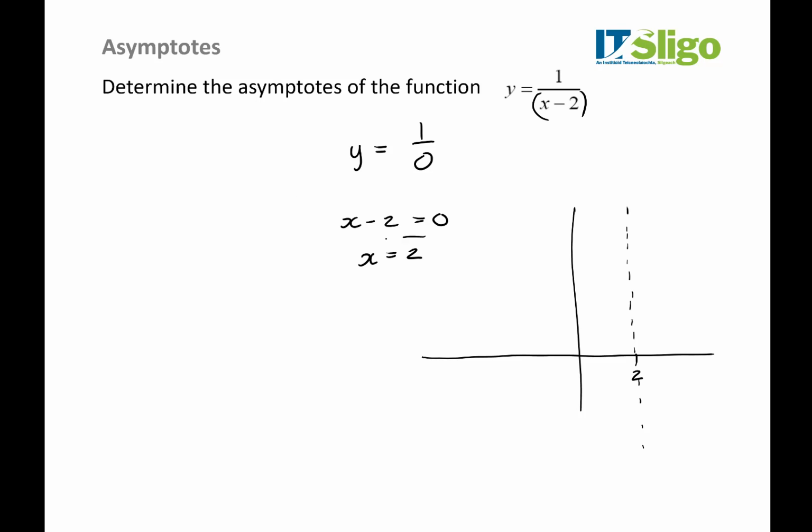So we found our vertical asymptote. That's usually the easiest. To find the horizontal asymptote just requires a little bit of maths. So we have y is equal to 1 over x minus 2. And now I'm just going to tidy this up a bit, it looks a bit messy. Instead of writing it as y, I'm going to write it as y over 1.